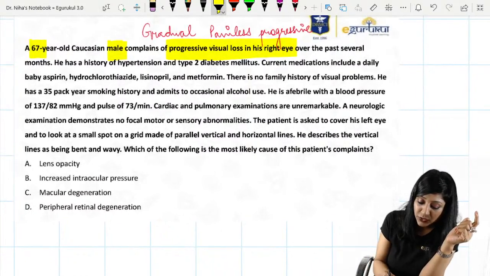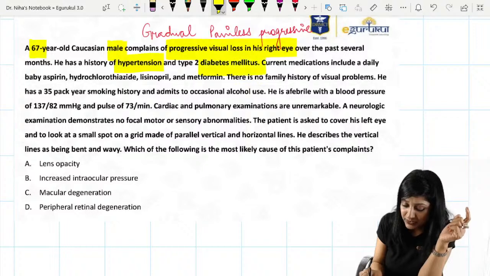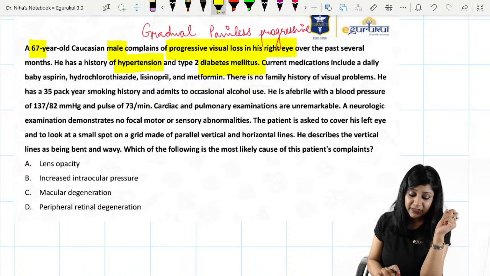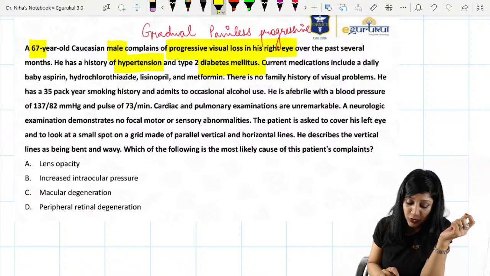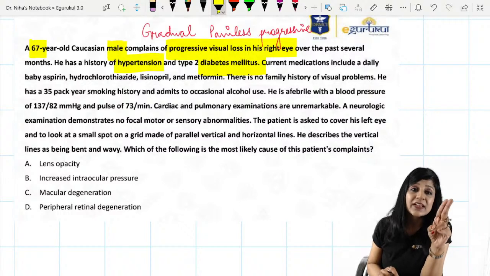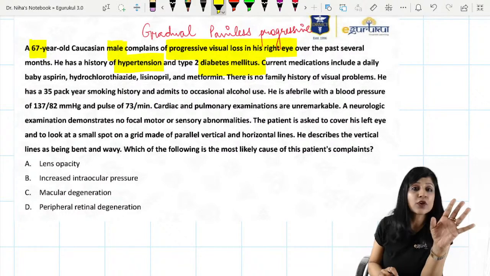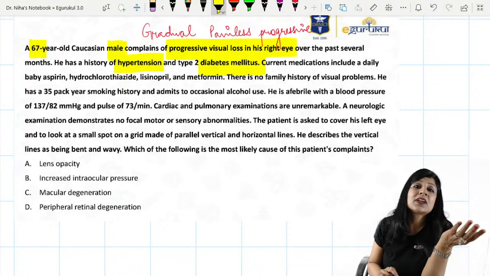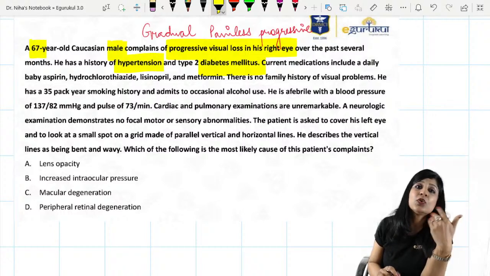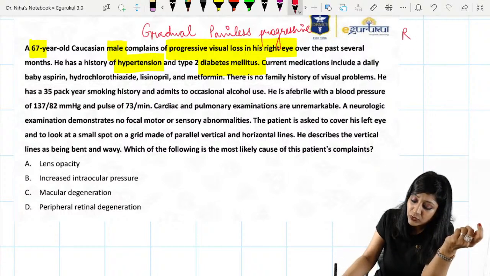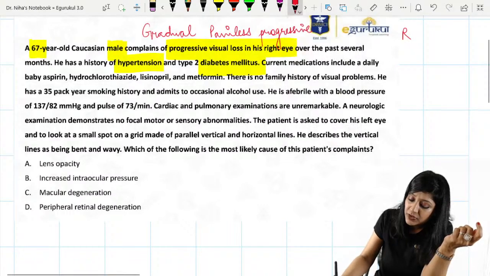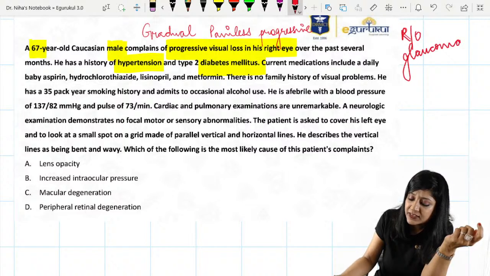We have a history of hypertension. We have diabetes. Current medications include aspirin, hydrochlorothiazide, lisinopril, metformin. So he is diabetic and hypertensive, both are risk factors, and he is taking anti-diabetics and antihypertensives. There is no family history of visual problems. So with no family history, you can rule out glaucoma, because usually glaucoma runs in families.